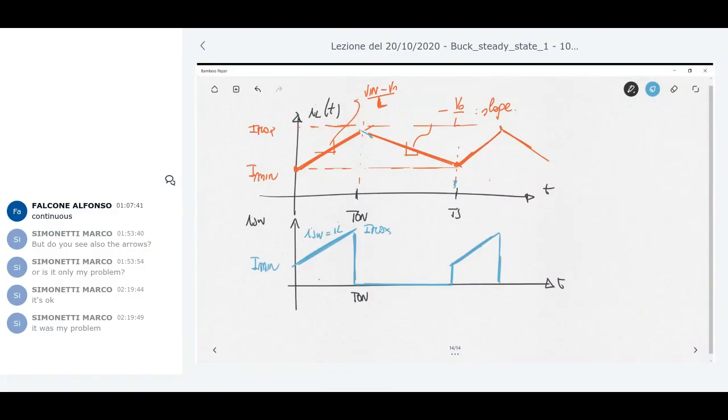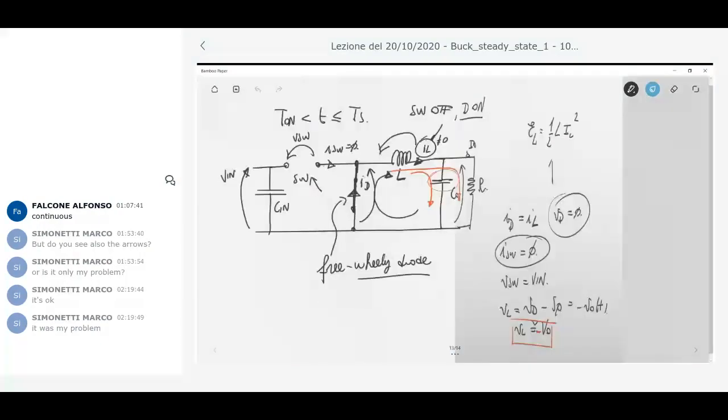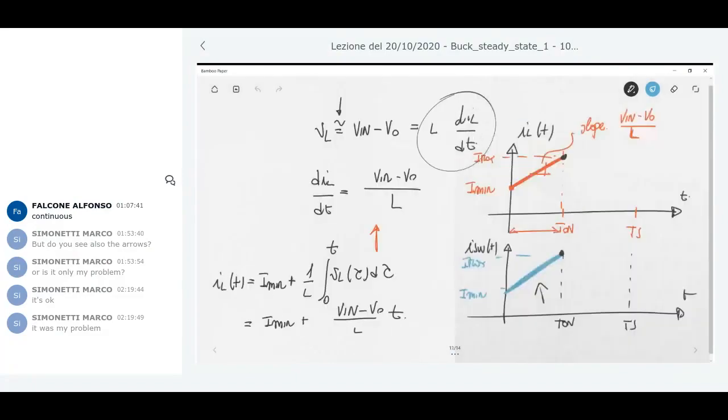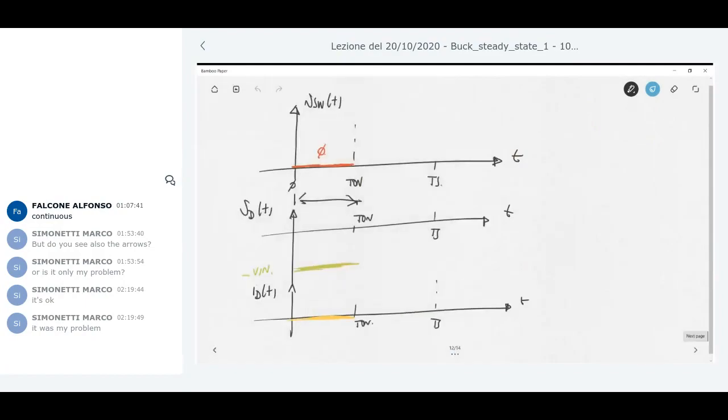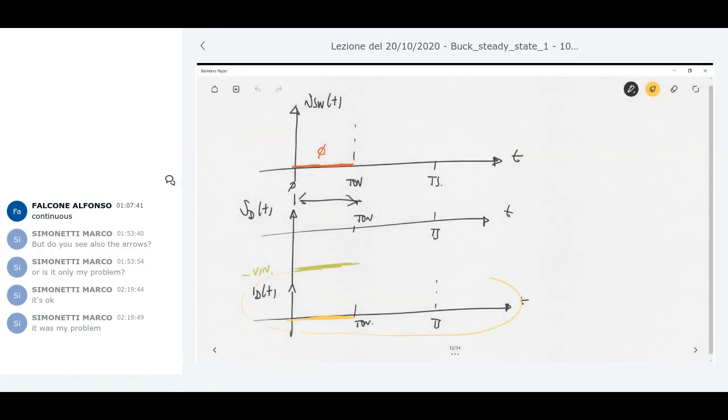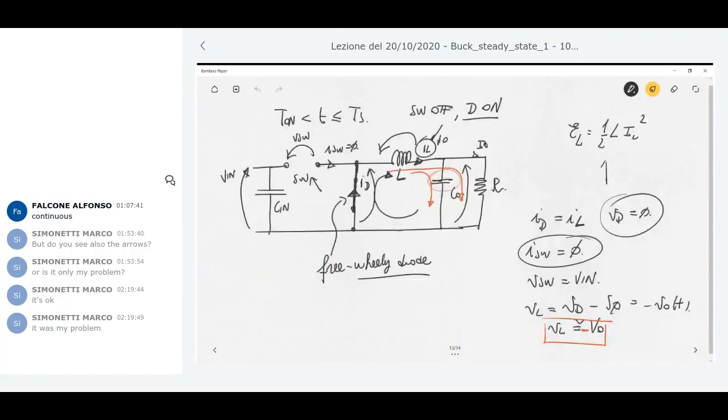Okay? What happens to the current through the diode? If you look at the current through the diode during T-on, here, the yellow one, it is null. What happens to the diode current during T-off? The diode current is equal to IL.